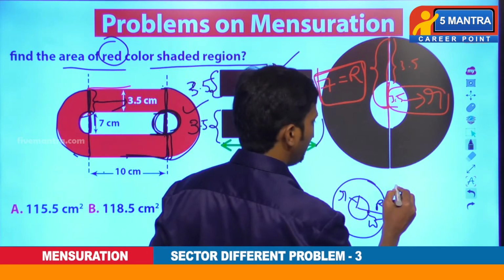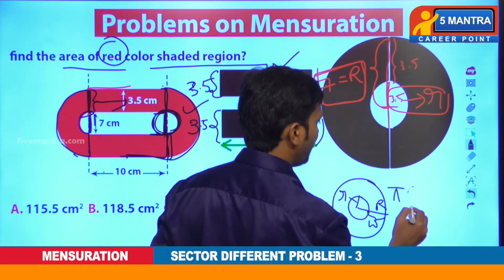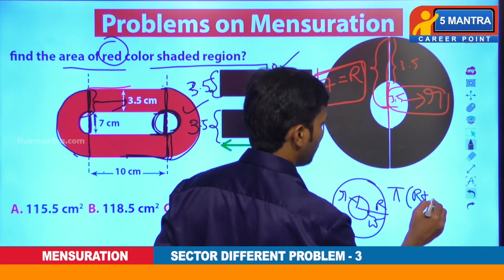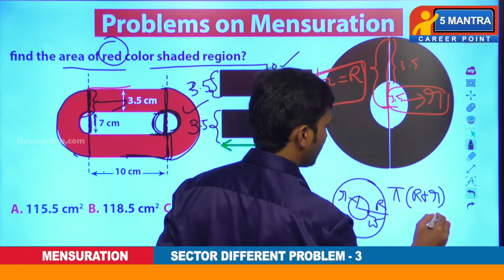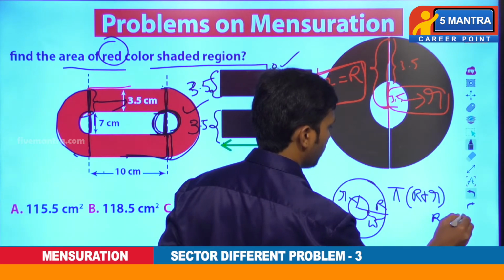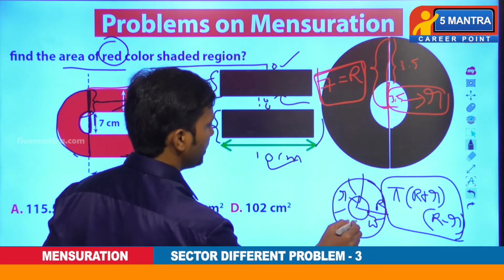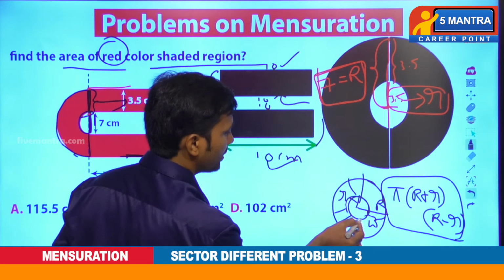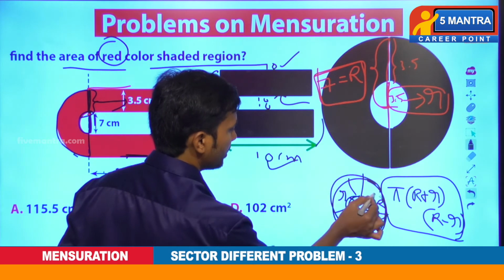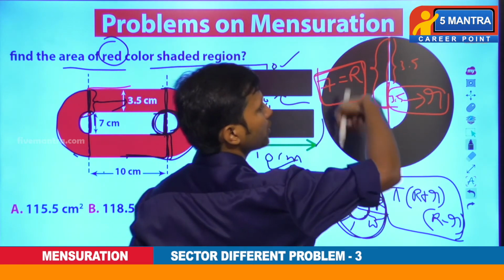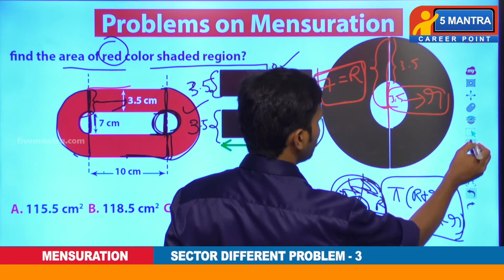Okay, now tell me, what is the area? Pi into capital R plus small r into capital R minus small r. So this is the area of this ring. Ring means the area enclosed between this circle and this circle. That means this black colored portion. Get it?